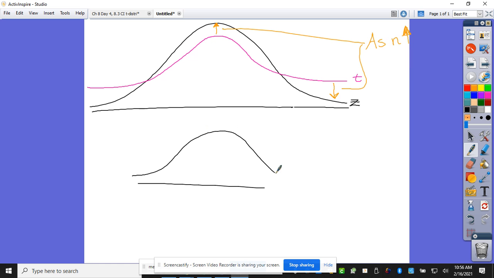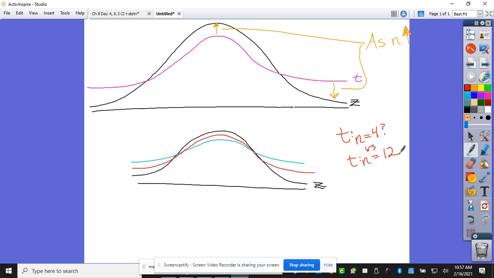If I had to draw multiples on here, and I said I need to know which one is a t with n equals 4 versus the one with t of n equals 12, would n equals 4 be the blue one or the red one?